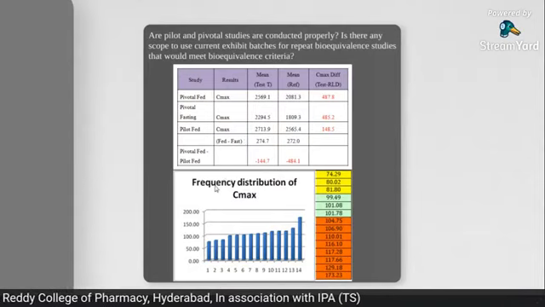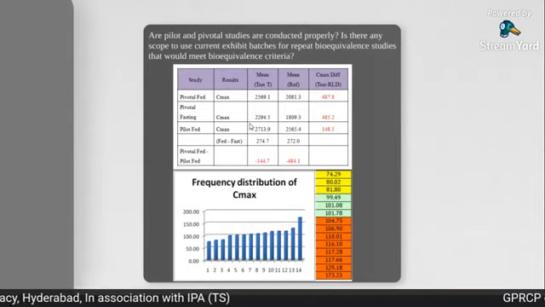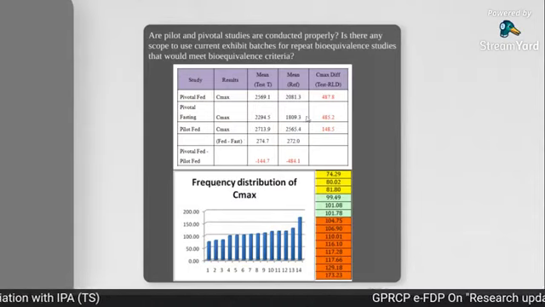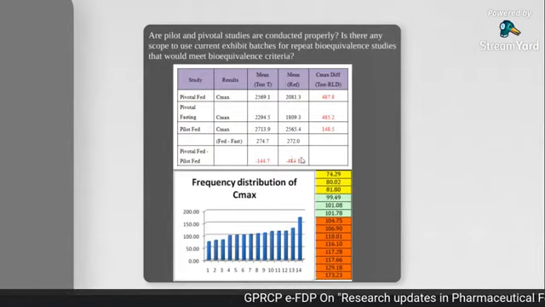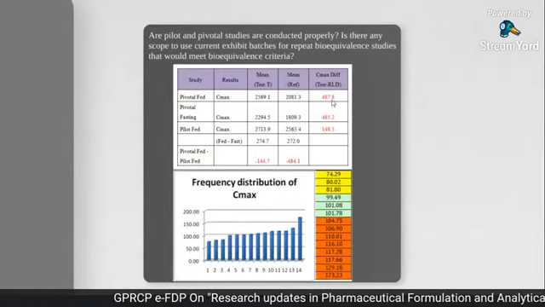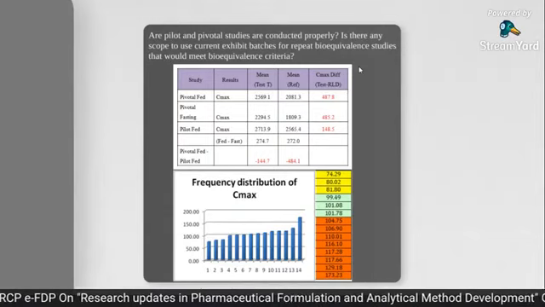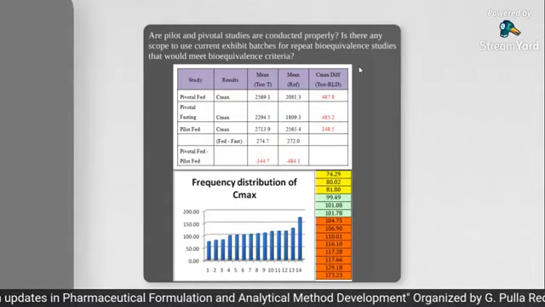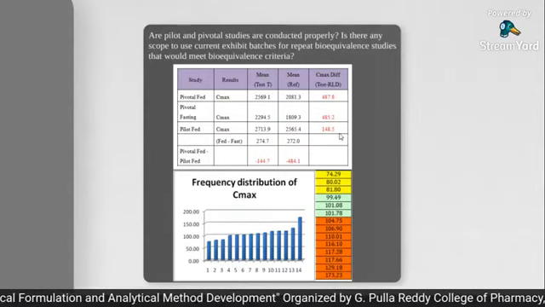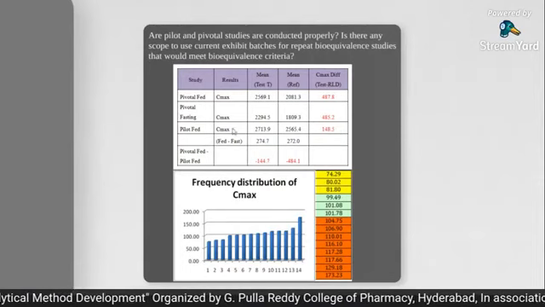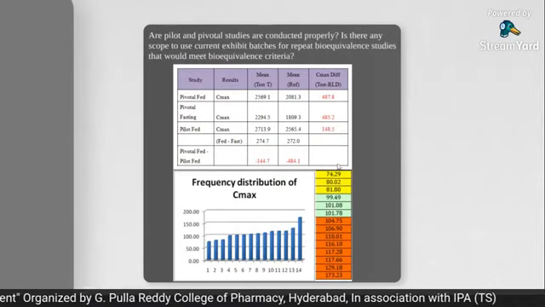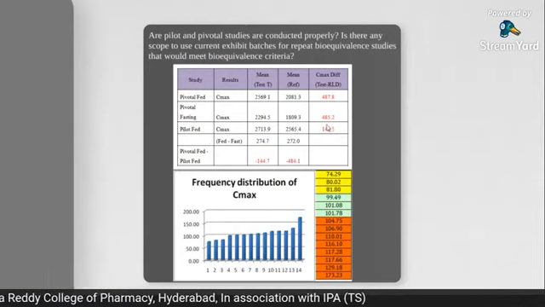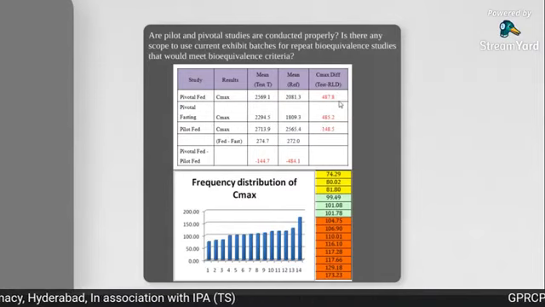Pivotal fed minus pilot fed is 144. And for the reference, it is 484. Here it is matching. The reference is behaving similarly, but for the test formulation, pilot versus pivotal, fed only, it is 148, while here the difference is 487.